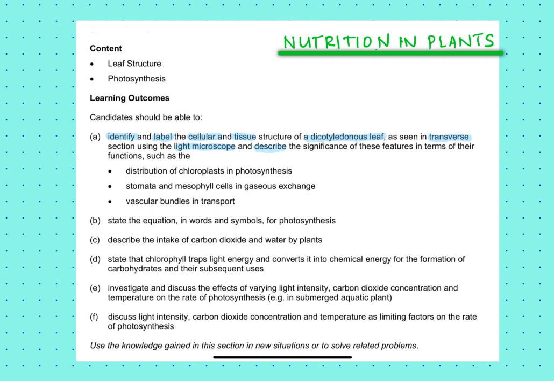describing, that's the second one, the importance of the features, including the distribution of the chloroplast. So we are looking at the distribution of chloroplast, looking at the guard cells, as well as your palisade mesophyll.